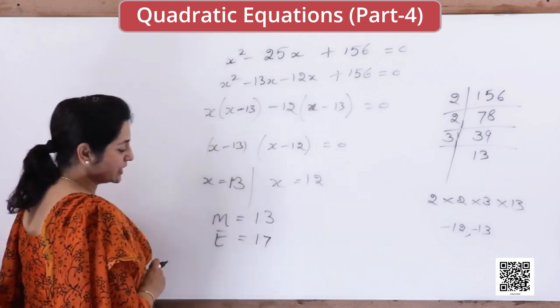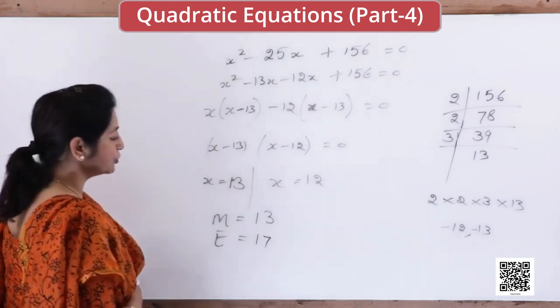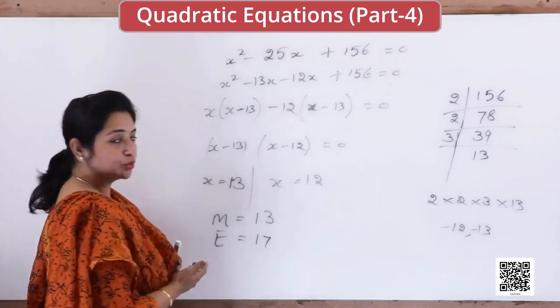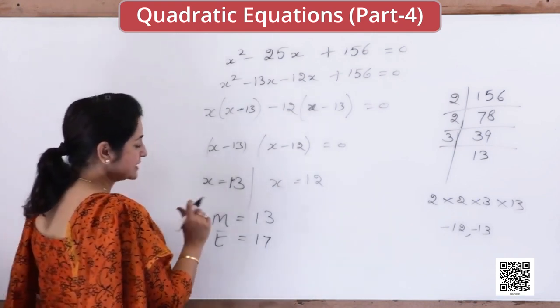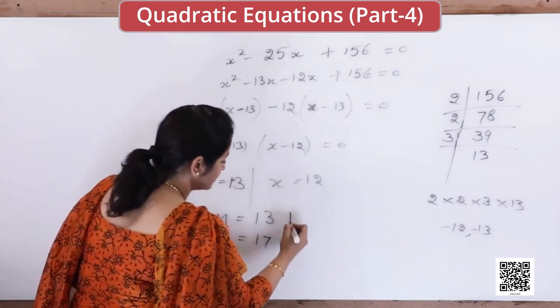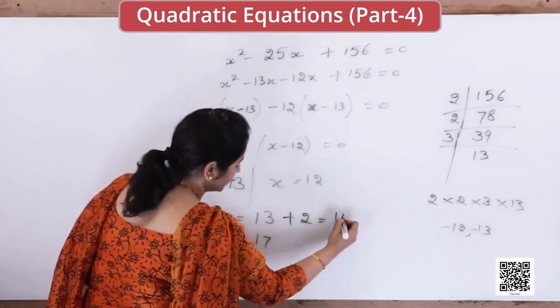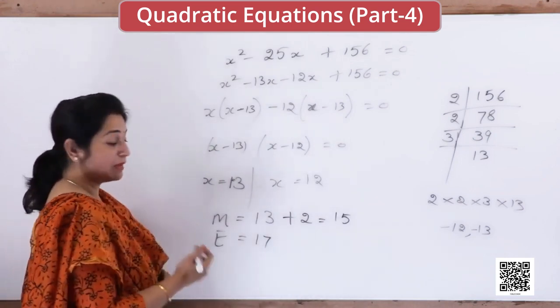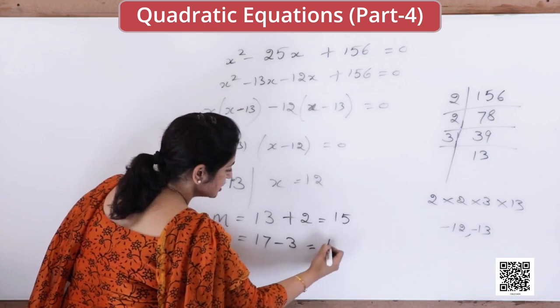So the marks in English will be 17. Now to cross check, we had to add 2 to the marks of mathematics. So in second case, the marks in mathematics will be 13 plus 2, that is 15, and the marks in English will be 17 minus 3, that is 14.